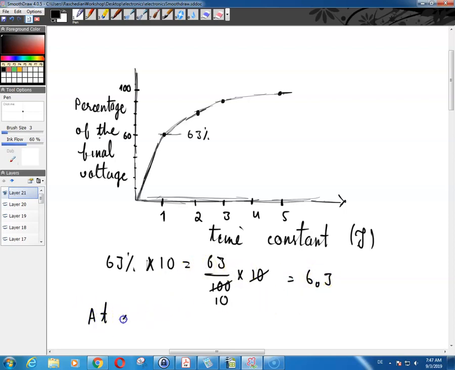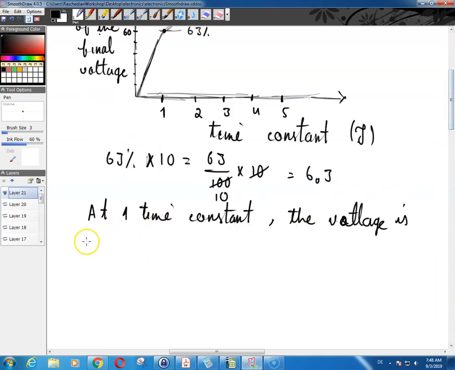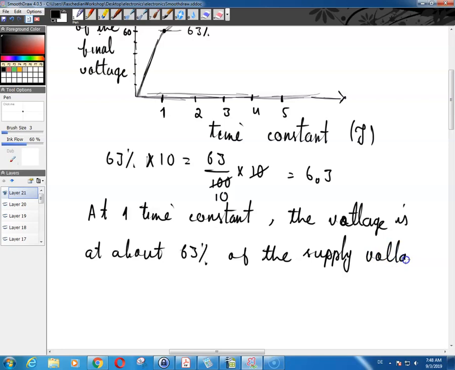So at one time constant, the voltage is about 63% of the supply voltage, namely 6.3 volts.